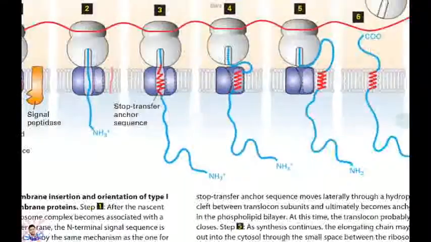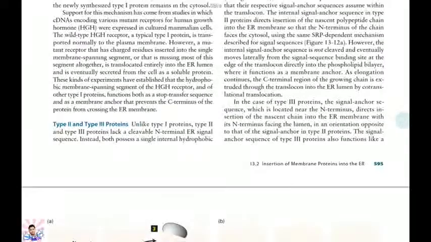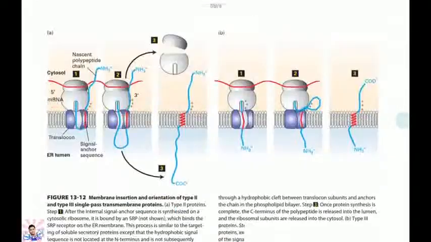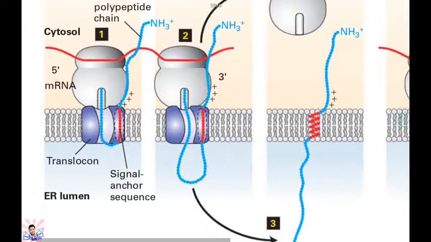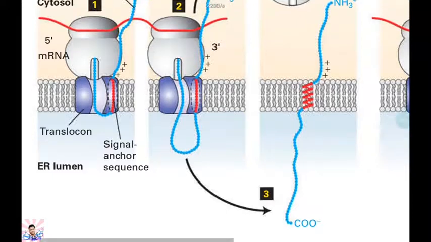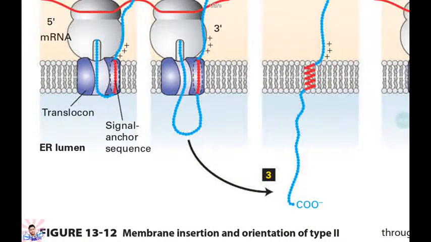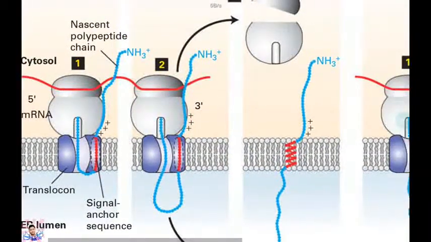This is type 1. And if we go to type 2, we will find that the positively charged region is found with a signal anchor sequence, where they get anchored after getting inside by means of the translocon and SRP receptor, similar to protein sorting, with the positively charged N-terminal towards the cytosolic region.